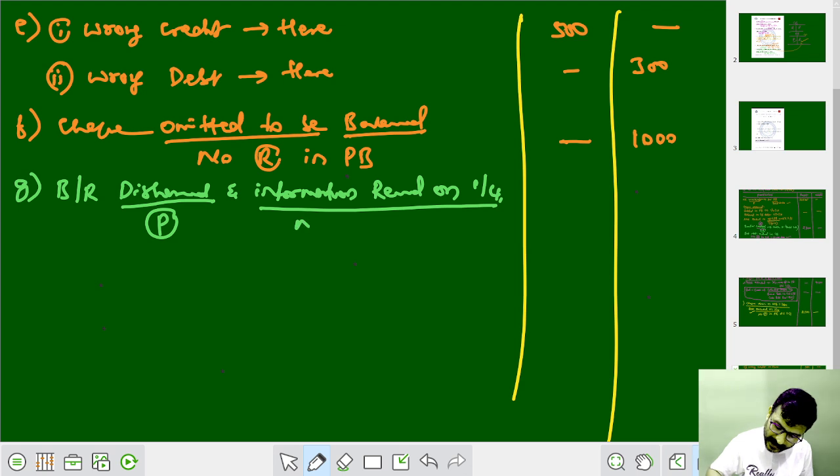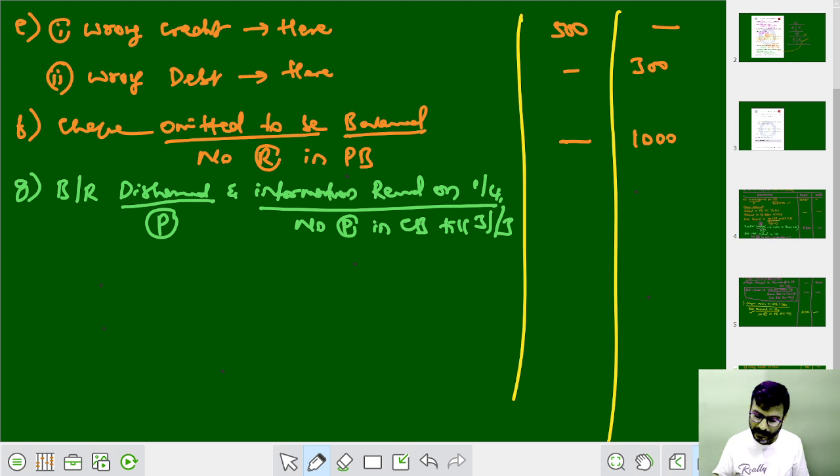Information received means no payment in cash book till 31st March. No payment in cash book means no credit in cash book. So where we have to take? We have to take it on the credit side, that is of rupees 5200. Am I right? Okay, fine.